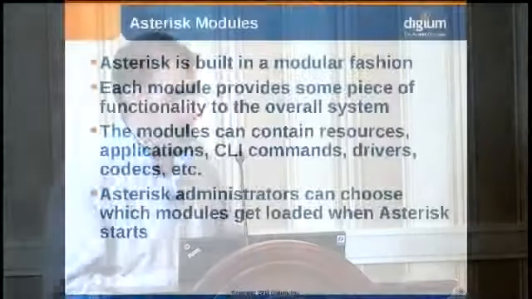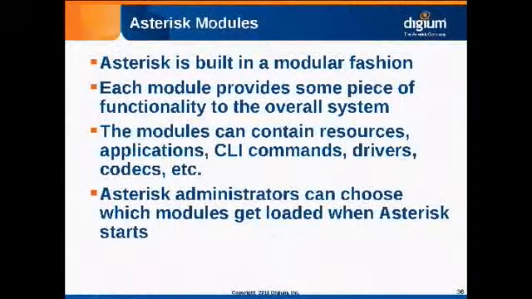Maybe you've got a telephone system and a radio system, and you want them to talk to each other. You may only need 5 or 10 modules to get that particular piece working. You may not need things like voicemail and auto attendant and conference calling. Does that make sense? So you as the administrator get to choose what it is you're trying to accomplish with this system.